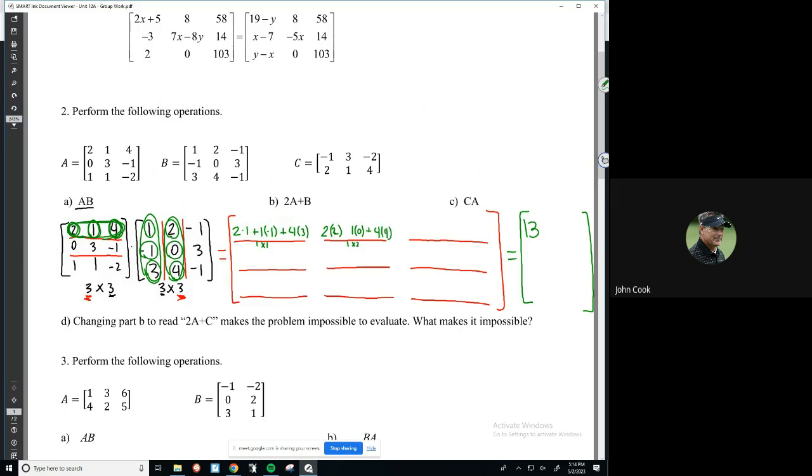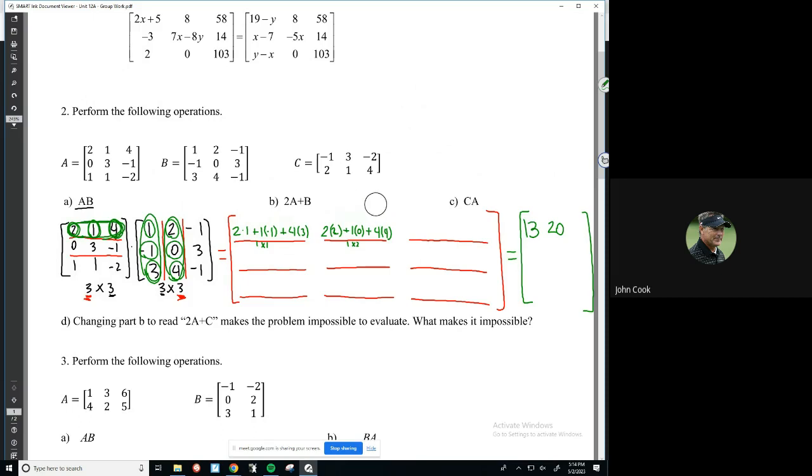Then I add those numbers together, and that's going to be the next entry. That's 4 plus 0 plus 16, so a total of 20. So 20 is the second number that I get in my row.